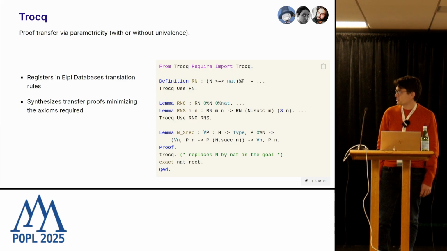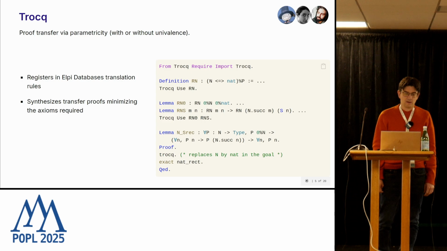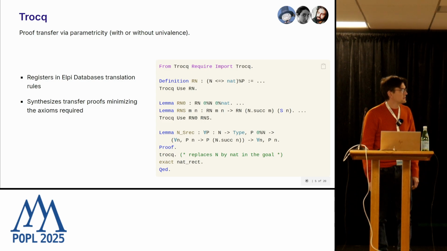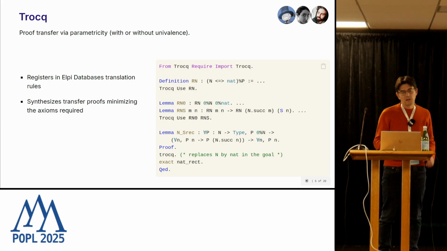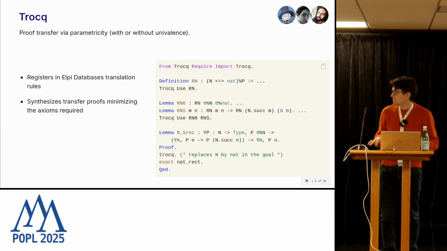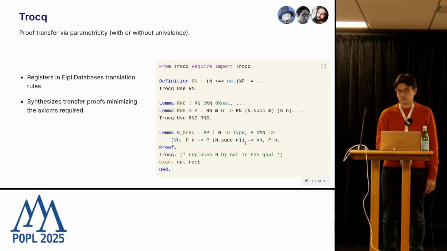Another project I want to mention is Trocq. That implements a form of gradualized univalent parametricity. It allows you to transfer, let's say, proofs, statements from one type to another one, and it works roughly like so. You define a relation between 2 types.